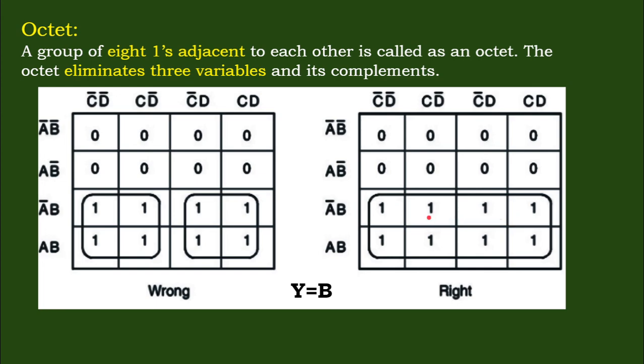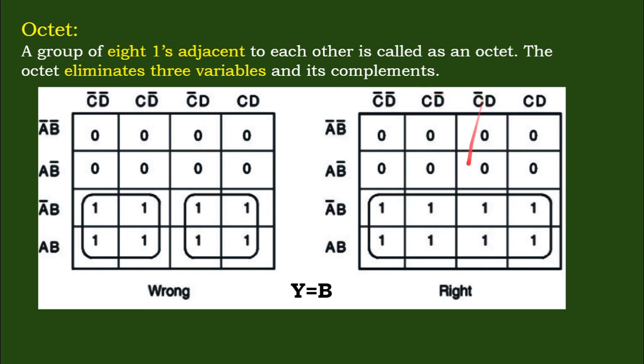Here is how to write the equation of this larger group. This octet encompasses all the positions with C bar, D bar, C and D, so C and D in both complement and normal form get cancelled. In the horizontal direction, this group has both C bar and C, D bar and D, so they all get cancelled.